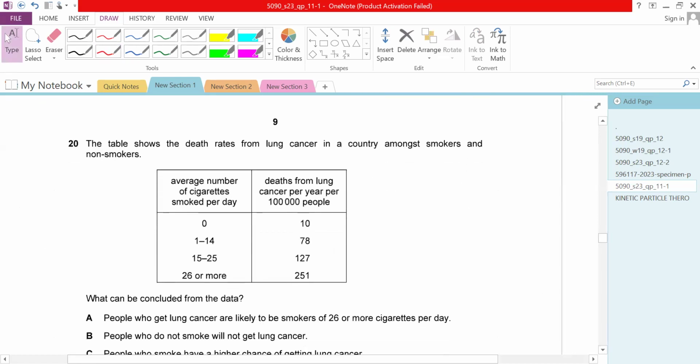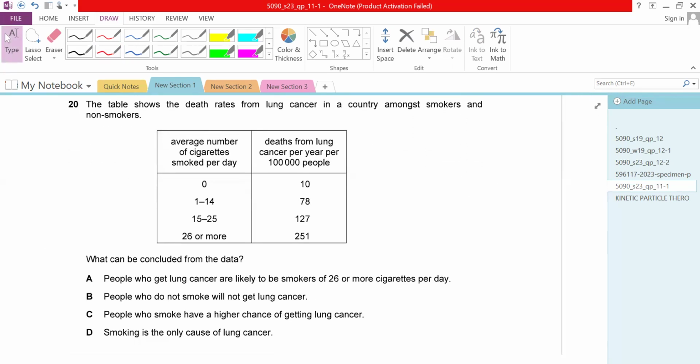Question number 20. The diagram shows the death rate from lung cancer in a country amongst smokers and non-smokers. The average number of cigarettes smoked per day, and deaths from lung cancer per year per 100,000 people.